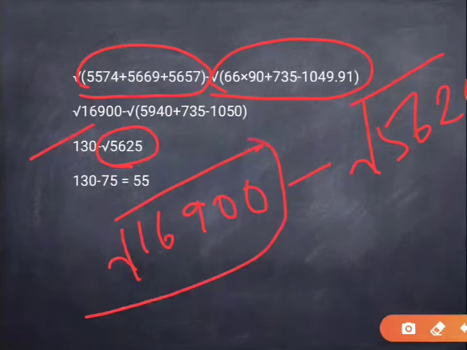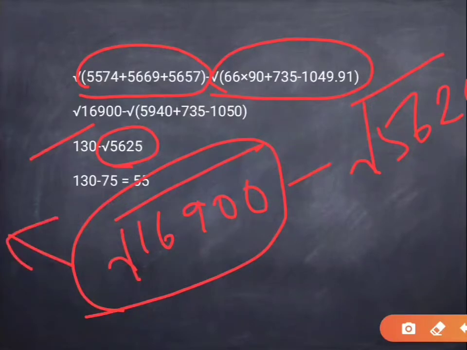Now what is square root of 16,900? This can be written as root of 169 into 100. So what is root of AB?